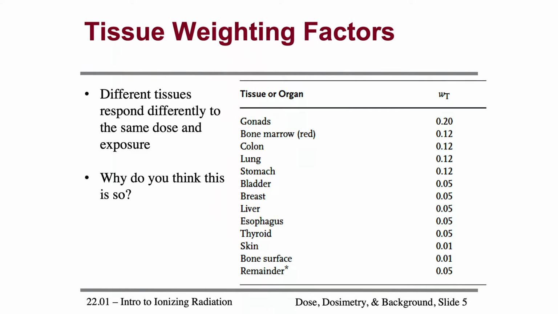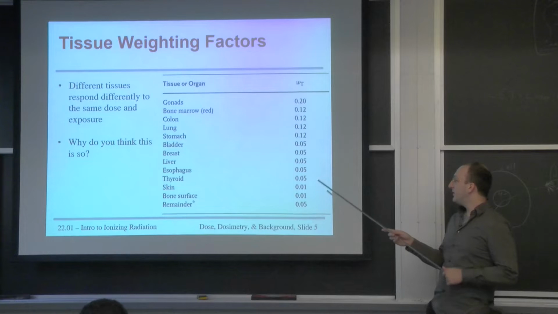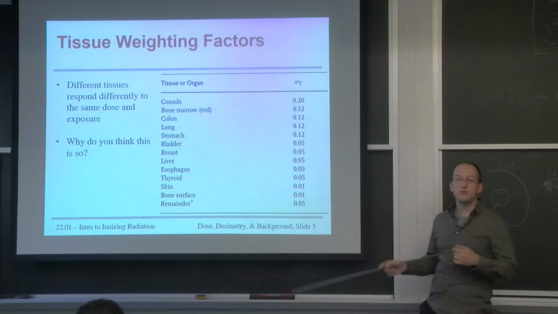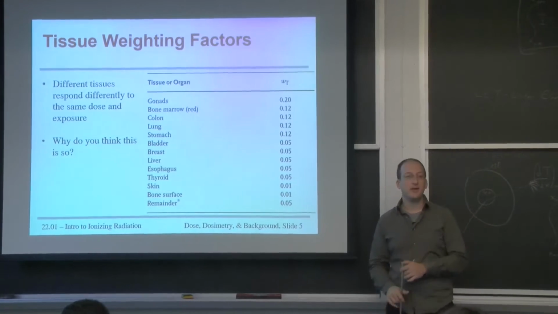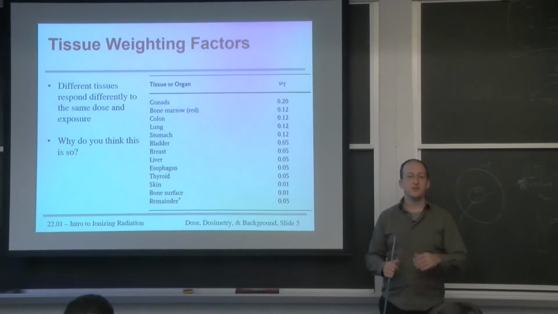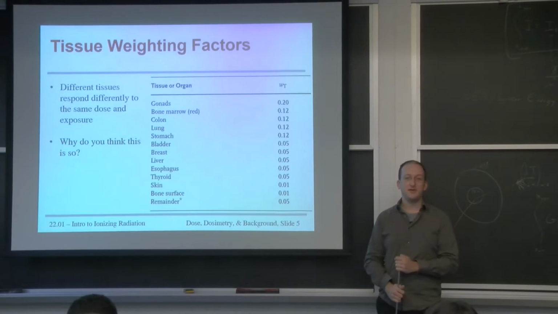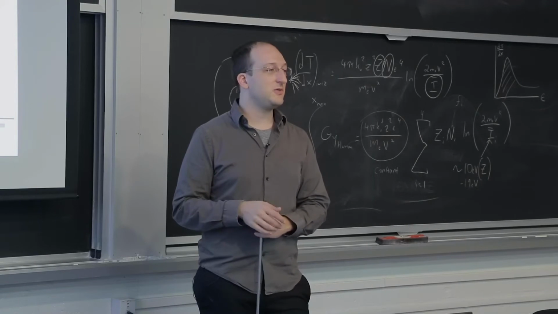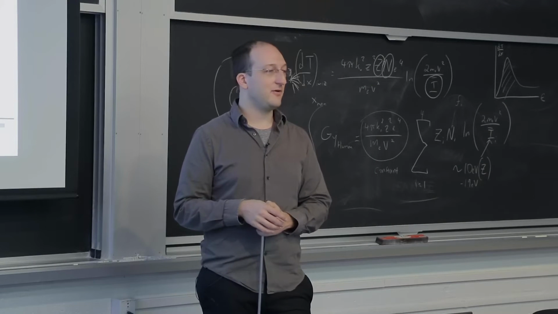Now let's look at the tissue weighting factors. We've talked about the factors for different types of radiation. It also matters what tissue it enters. So for things like skin or bone surface, you think of these tissues as not that critical. If you get a scratch and you lose some skin, it's not that bad for the body. Same thing if a little bone chip flakes off. You might get shin splints, but it's not so bad. Not for the same reason. These tissues aren't dividing very fast.